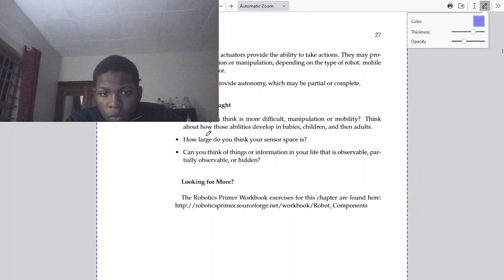Food for thought. What do you think is more difficult, manipulation or mobility? Think about how those abilities develop in babies, children, and then adults. I think clearly mobility is harder, because mobility in general is more complex than manipulation.